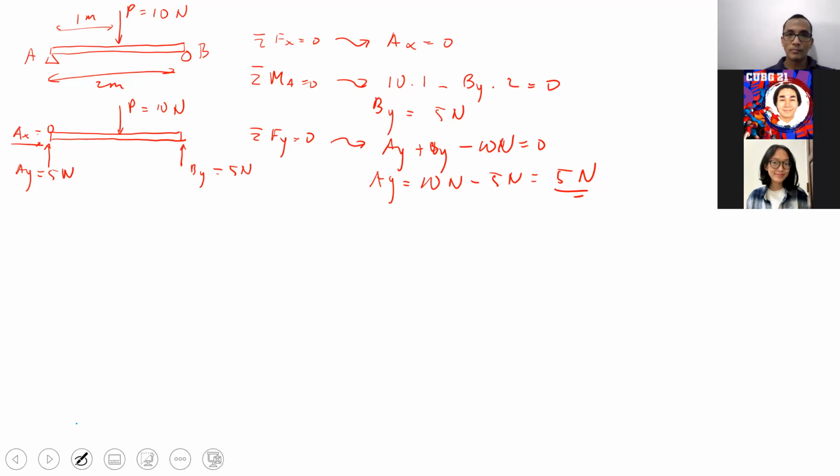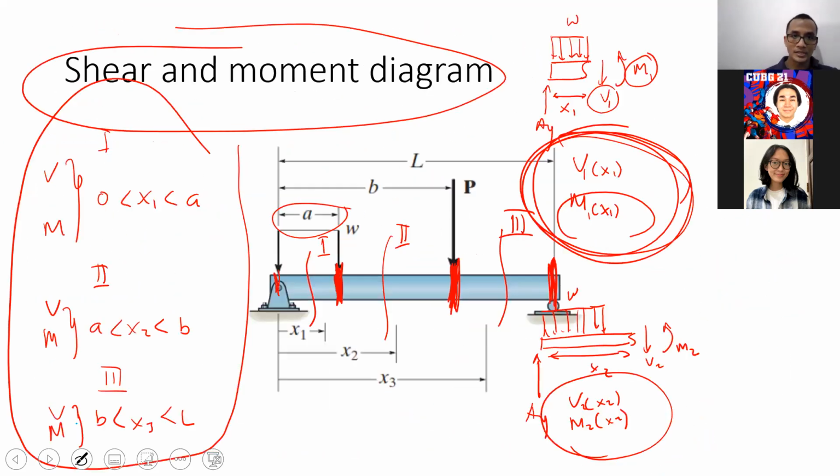Can we cut it through the P? P? No, it will be too difficult because when we cut, as I told you before, we have to cut to represent the equation at a certain region, and those regions must be continuous.